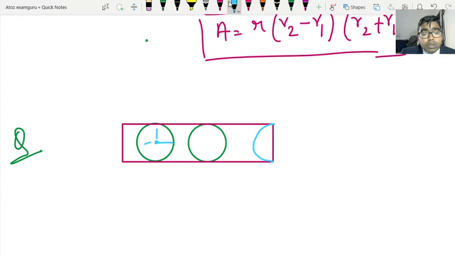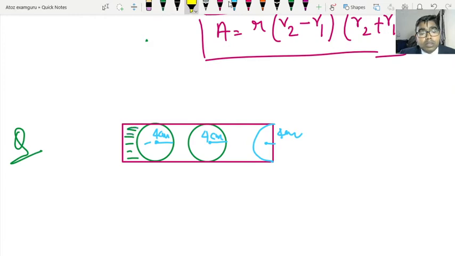It is 4 centimeter, 4 centimeter, and 4 centimeter. Right friends? So you have to find the area of this shaded region.